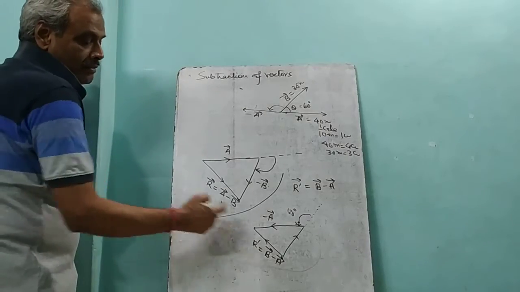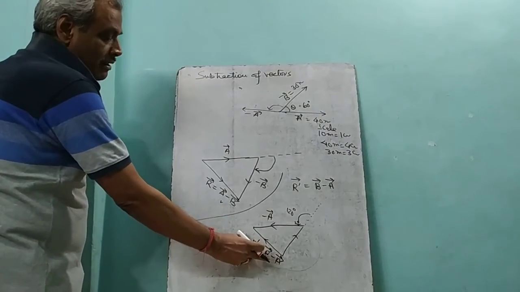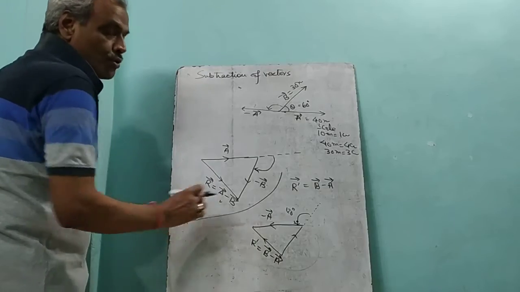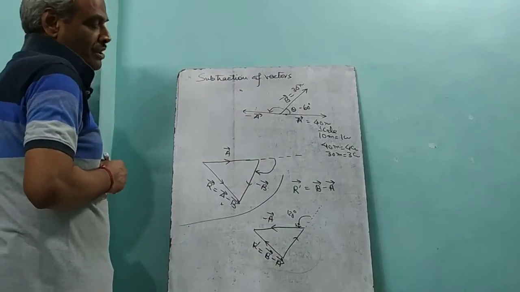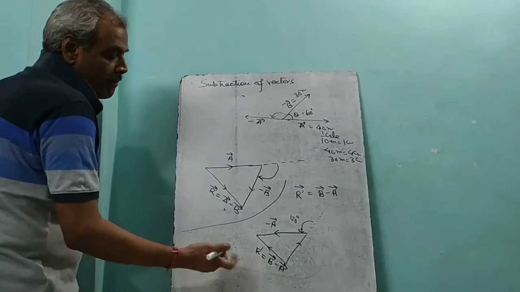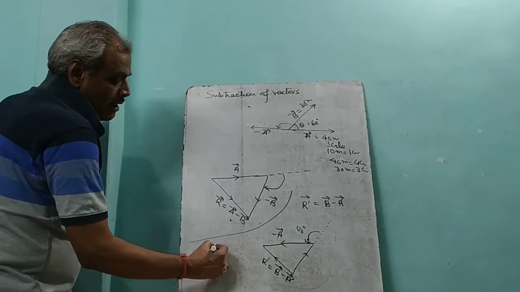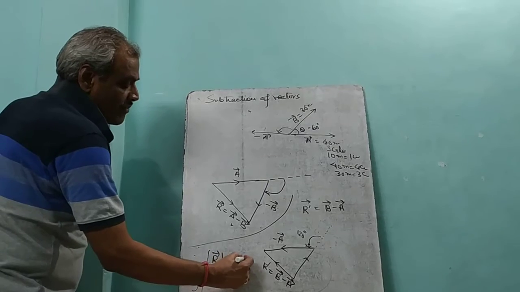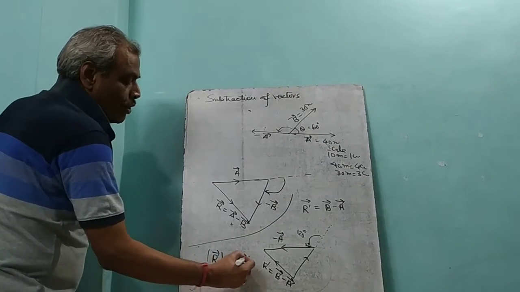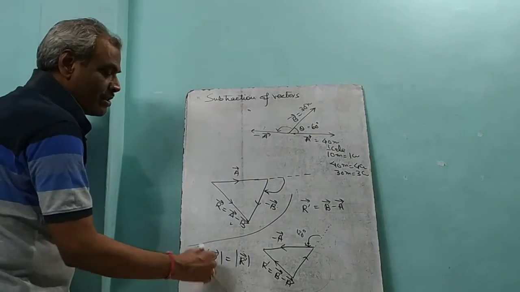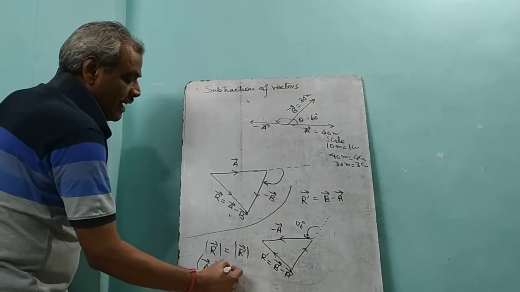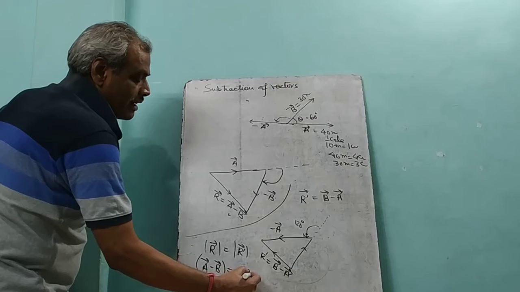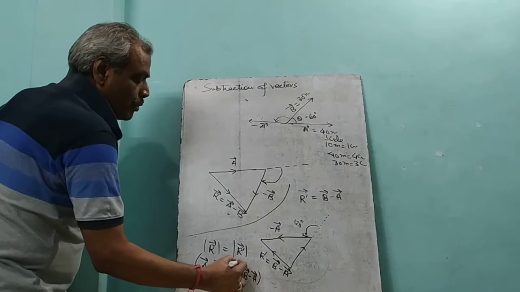If you measure this, then the length of these two vectors will be the same, but their directions will be opposite. It means the magnitudes of vector R and R dash, A minus B and B minus A, are equal.